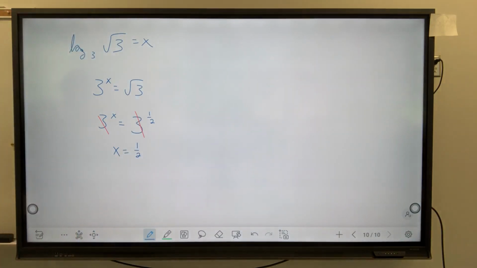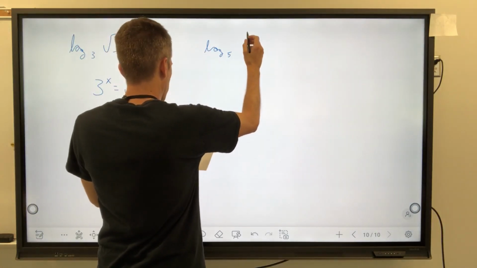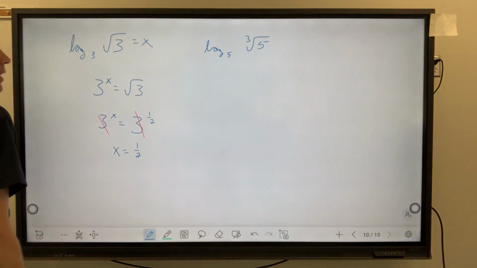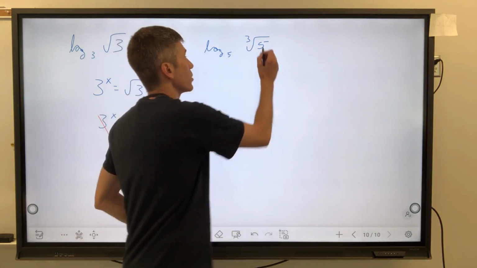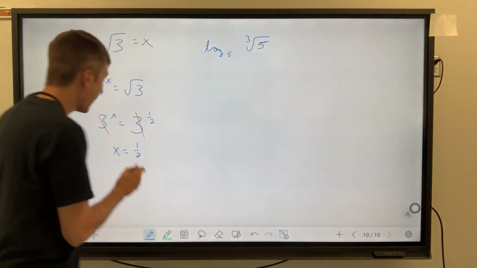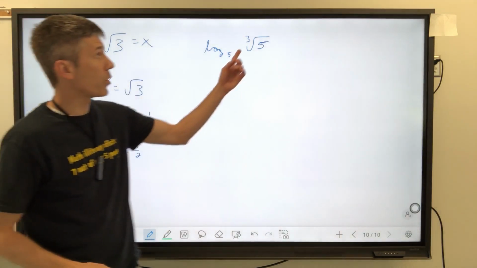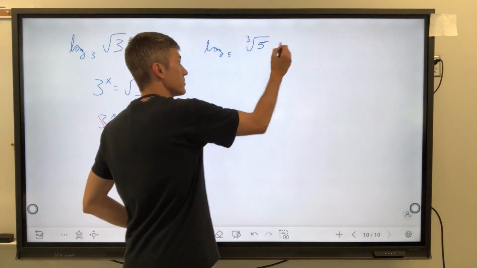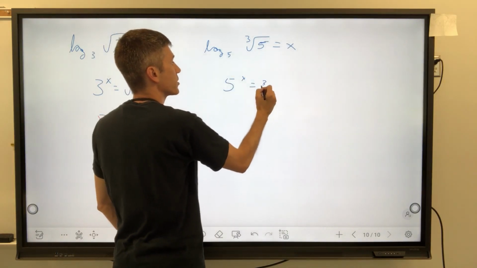Okay, 2 more. Log base 5 of the cube root of 5. And I just told you that an exponent of 1/2 is a square root. So if an exponent of 1/2 is a square root, then an exponent of 1/3 is a cube root. So let's go. 5 to some power gives me the cube root of 5.